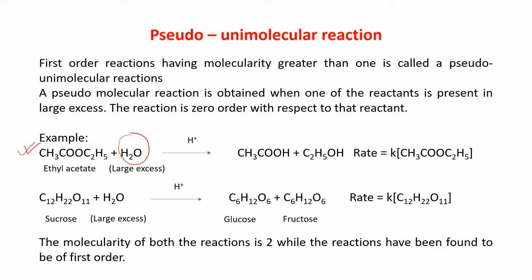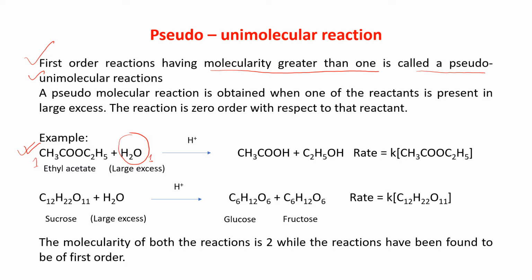So what is said: a first order reaction having molecularity greater than 1 is called a pseudo-unimolecular reaction. But the molecularity is 2 here. See, CH3COOC2H5, 1 molecule, and H2O, 1 molecule. So the molecularity is 2.